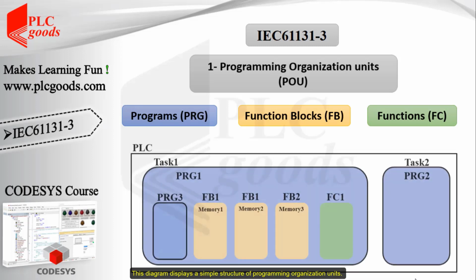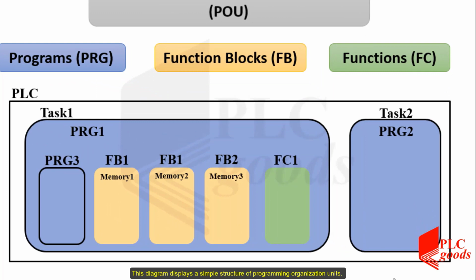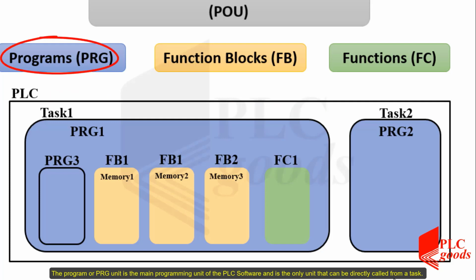This diagram displays a simple structure of programming organization units. Each PLC can do one or more tasks. The program or PRG unit is the main programming unit of the PLC software and is the only unit that can be directly called from a task.